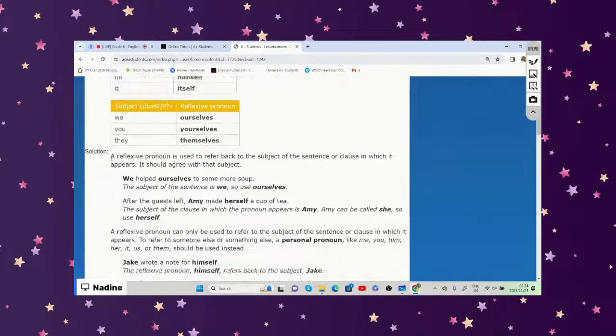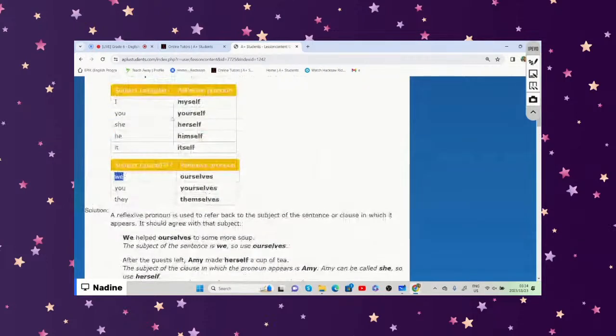And a reflexive pronoun is used to refer back to the subject, meaning if we use ourselves as the reflexive pronoun, then it needs to refer back to the subject we. If we use the reflexive pronoun herself, then it needs to refer back to she, right?